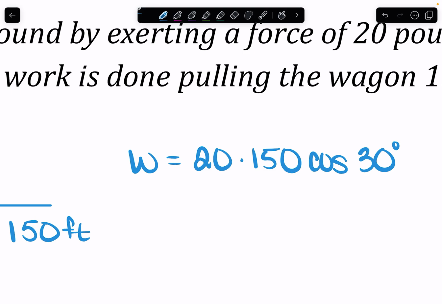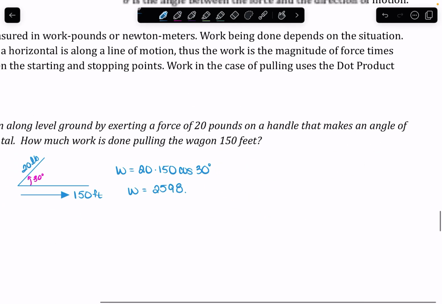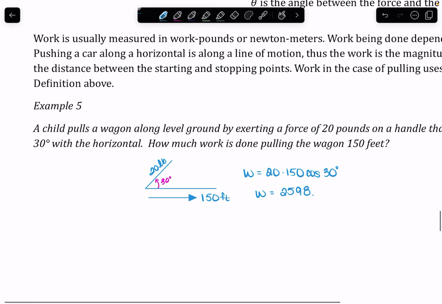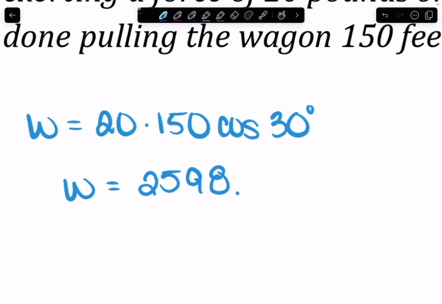We don't need the units here. So we could do this one and give an exact answer, but usually this is something we will do in decimal form. So make sure you, again, are in degree mode. 20 times 150 times cosine of a 30-degree angle gives us work of 2,598 point, let's see. It doesn't say, so let's go with the nearest whole number. So that would be 2,598.